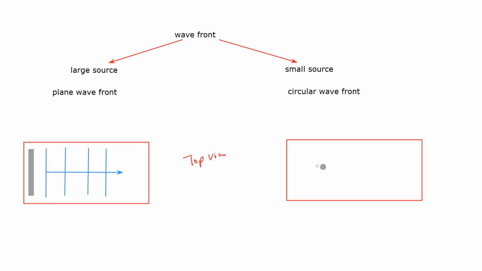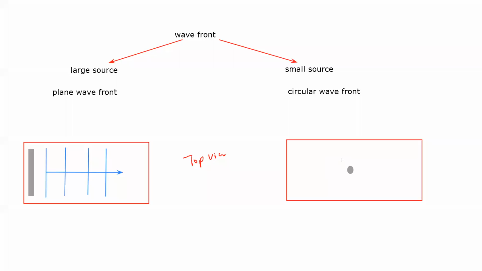Here, if I drop an object or move this small object, placed exactly at the center, it can be near the edge also, and disturb the water surface, what pattern will I observe?